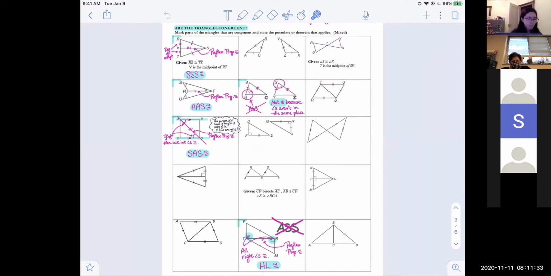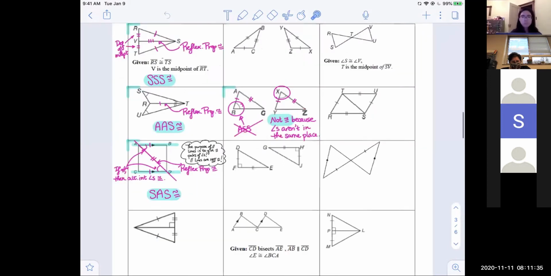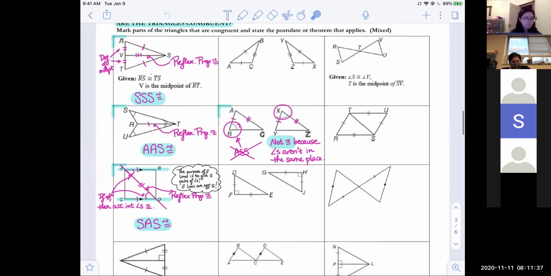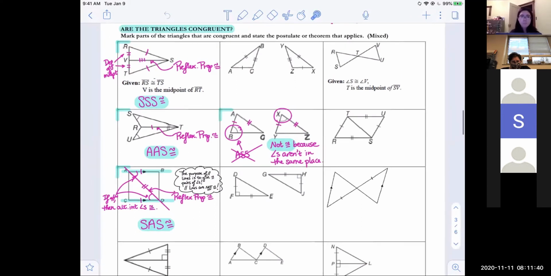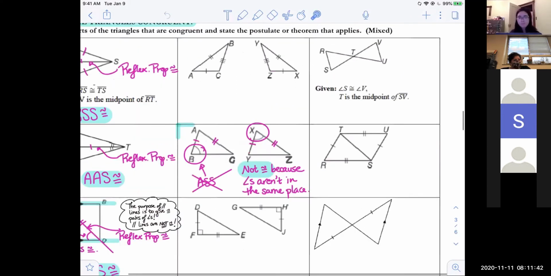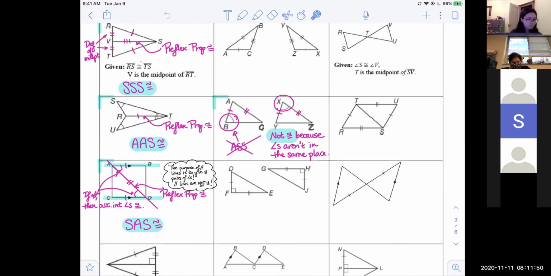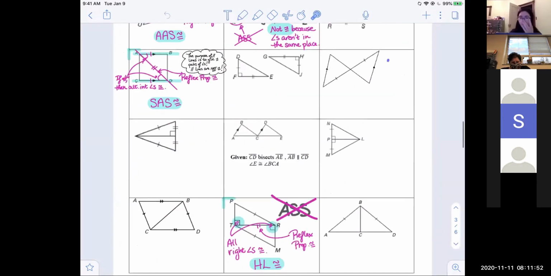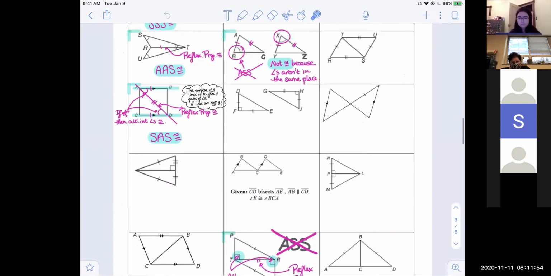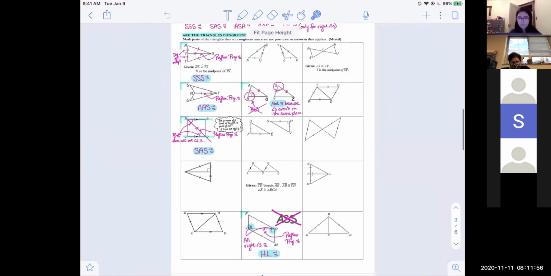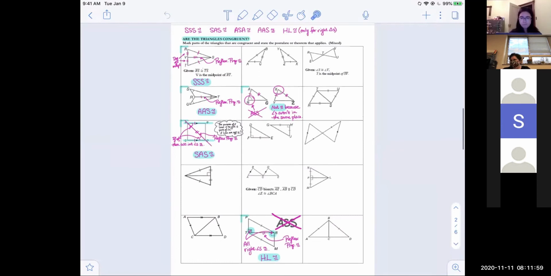The ones on the review sheet are not as complicated as some of these. As we said before, show when you mark things, explain why they're congruent, and then give the reason the triangles are congruent. The ones I did on the video are filled out there. The rest are what I'd like you to work on right now. I'm going to make a little classwork grade for you to submit that to.